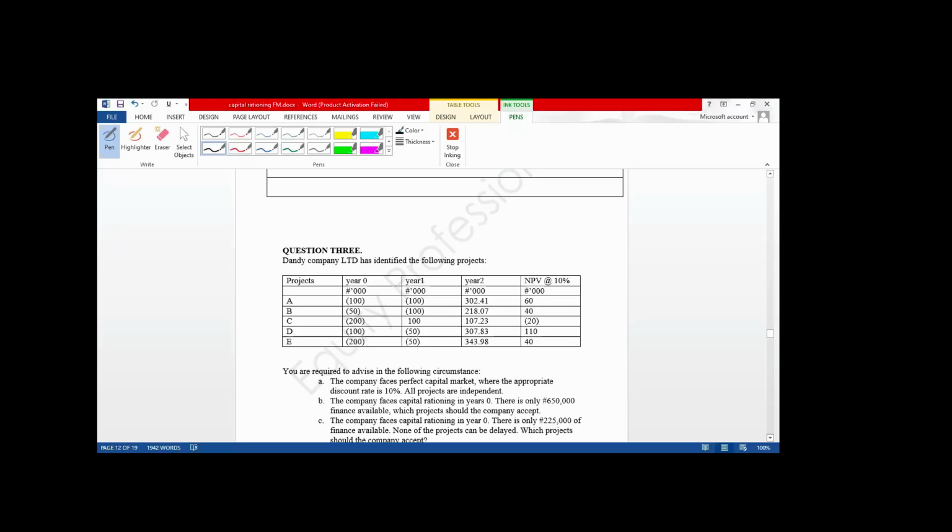Which of the projects to be selected? Let us answer A. There is a perfect capital market.